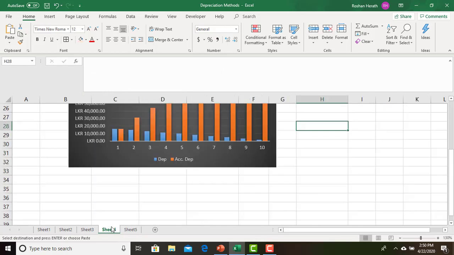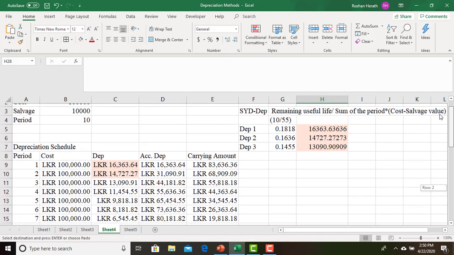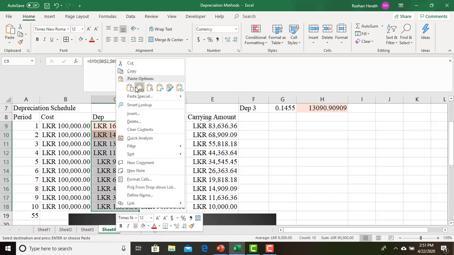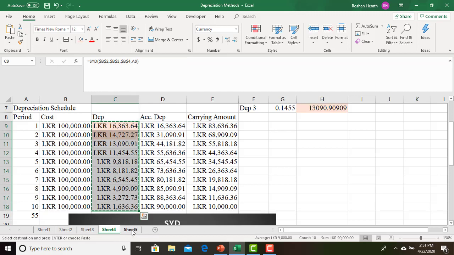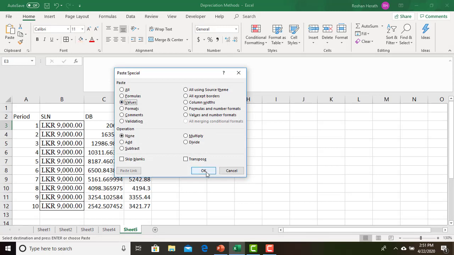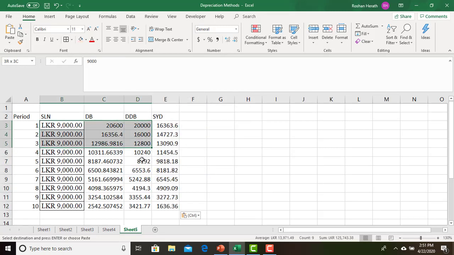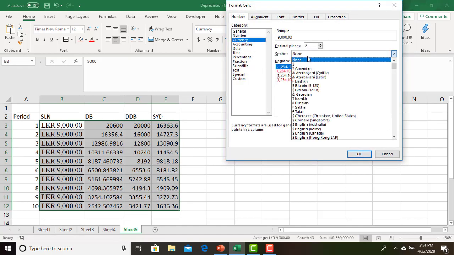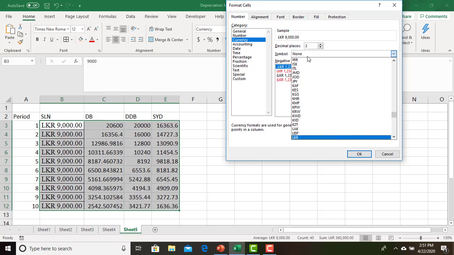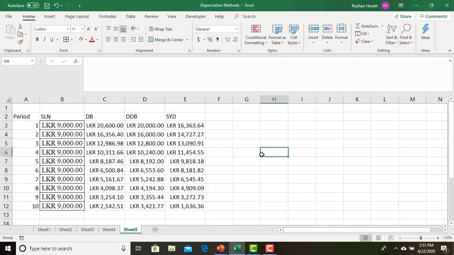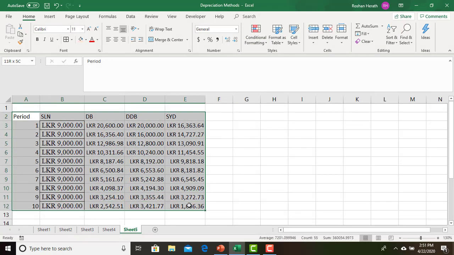And the sum of year digit method, the final one, you take the depreciation, copy that, paste special, paste the values, then we can do the formatting. Let's convert everything into rupees, currency symbol, LKR. Okay, right, now we have the depreciation under different methods.